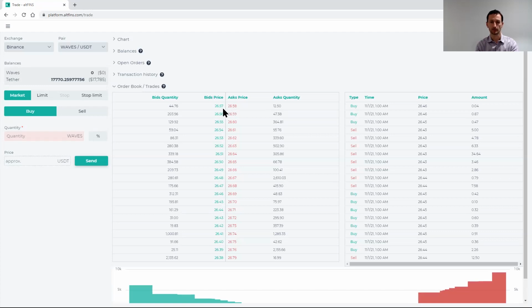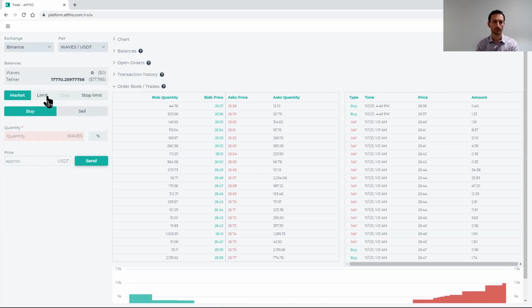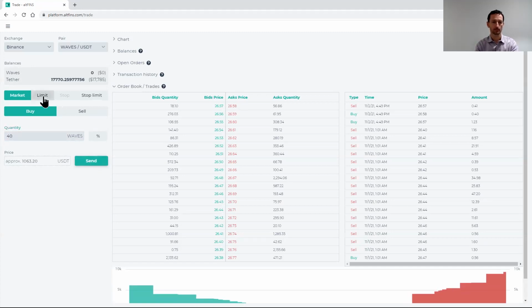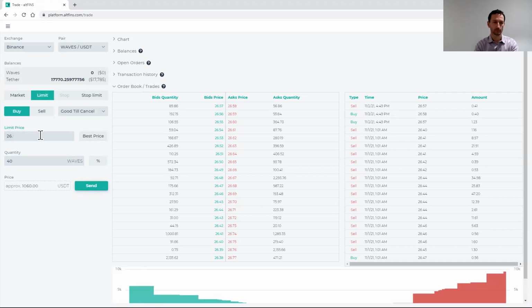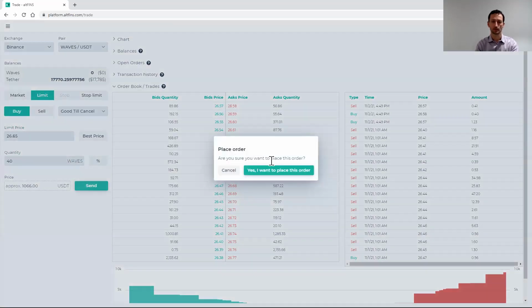There's only a penny spread between bids and asks, which is pretty solid, good liquidity. And I'm going to buy about $1,000 worth, which at this price of $26 is about 40 units. I'm going to give it a limit. I want to buy 40 units. Here you go.